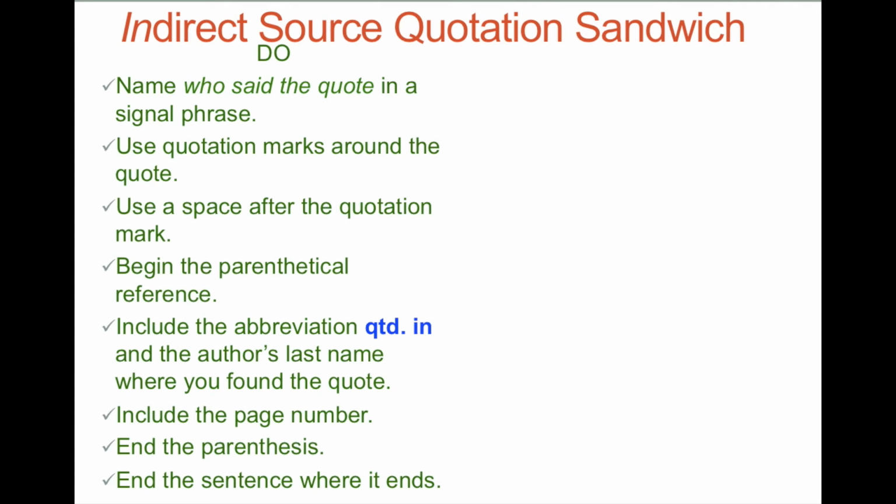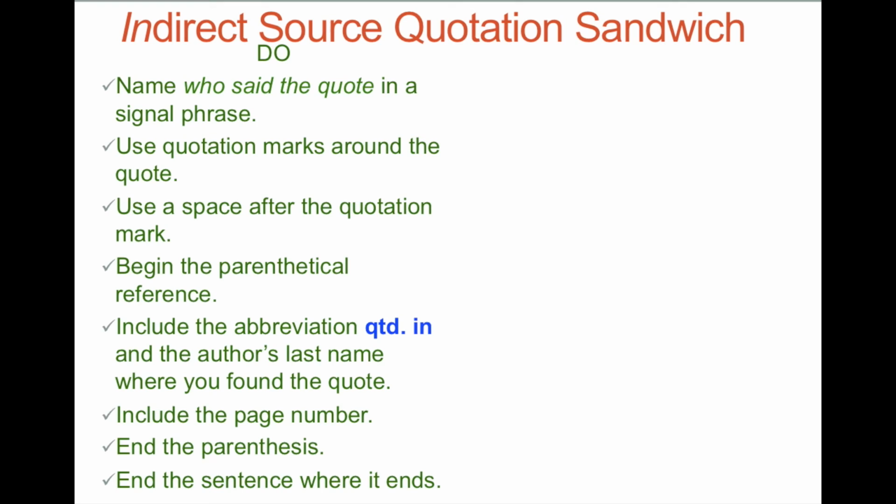So some things that you want to do when using an indirect source. You want to name who said the quote in a signal phrase. That's really important. You want to use quotation marks around the quote itself. You want to use a space after the quotation mark. Then you want to begin the parenthetical citation, your parenthetical reference. You'll include the abbreviation quoted in and the author's last name where you found the quote.